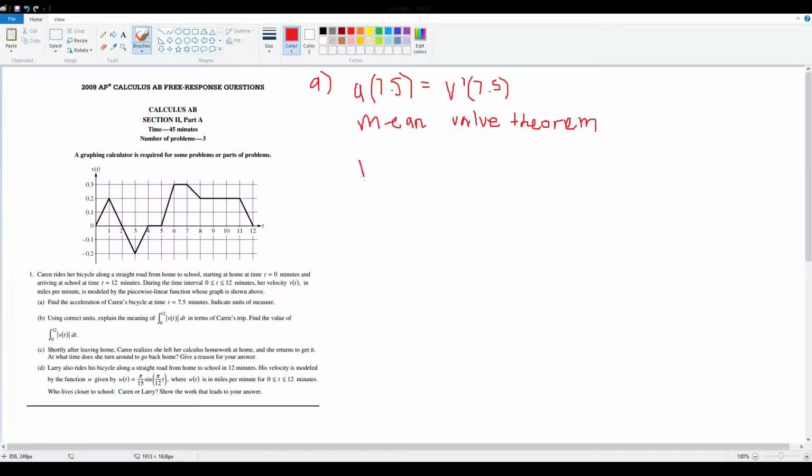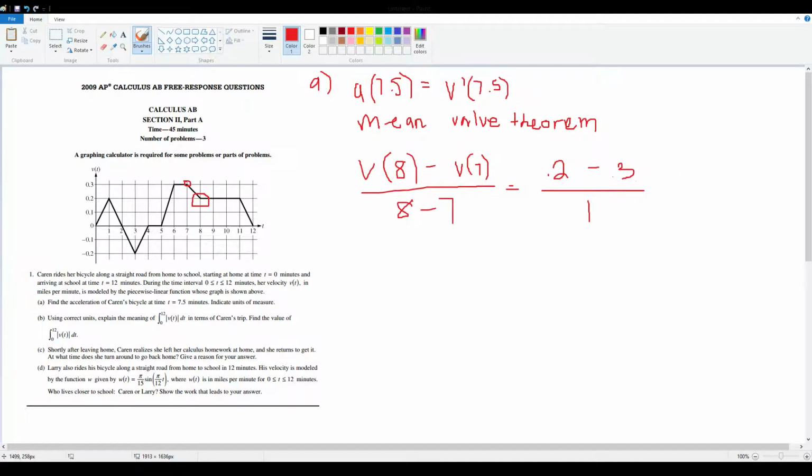So you're going to find the velocity at 8 minus the velocity at 7 minutes over 8 minus 7 minutes. You can see by the graph that the velocity at 8 minutes is 0.2 and the velocity at 7 minutes is 0.3.